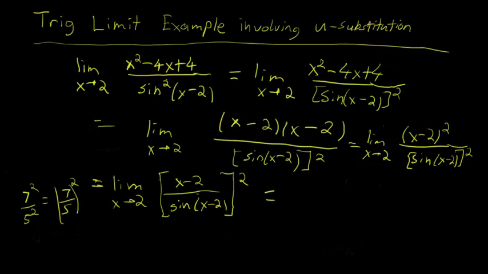Well, here the limit of something squared is the same thing as finding the limit of that something, as x tends to 2, and squaring that result.